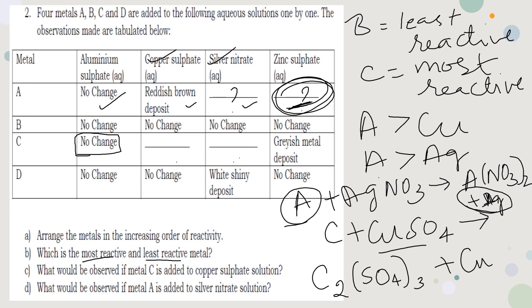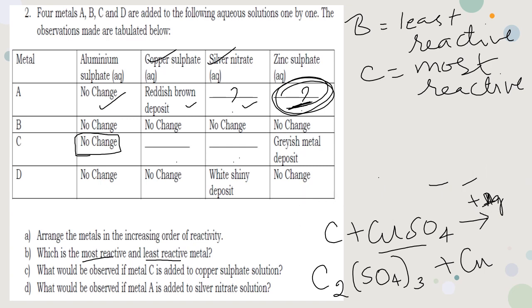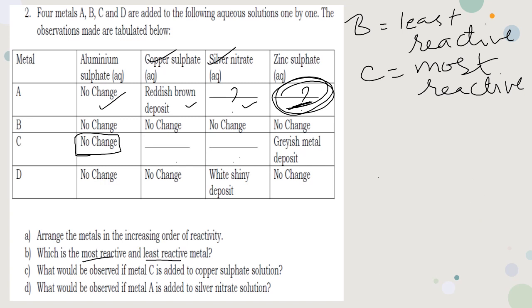So I hope you're able to guess what metal A is. Metal A will not show any change in zinc sulfate because metal A is zinc. That is why it is not displacing aluminium from aluminium sulfate.